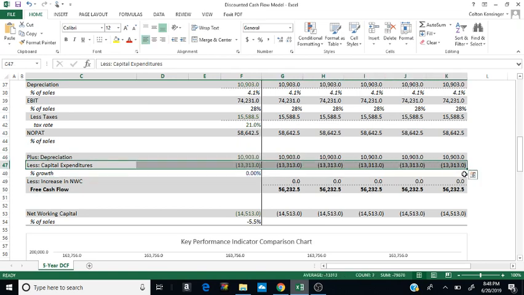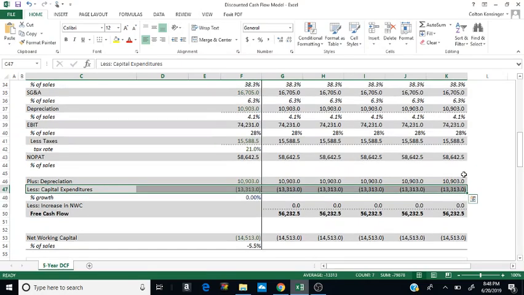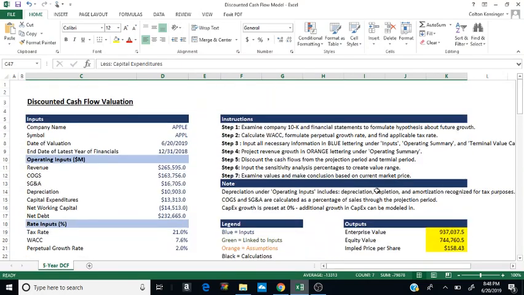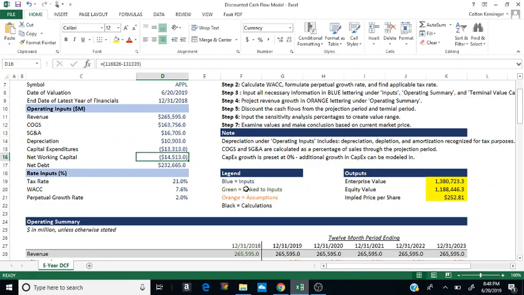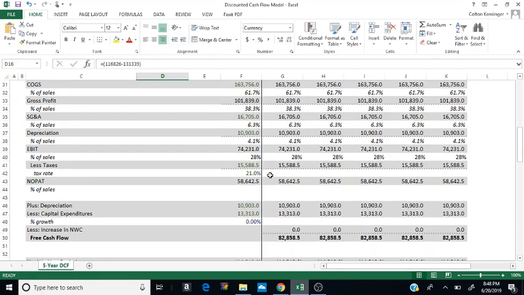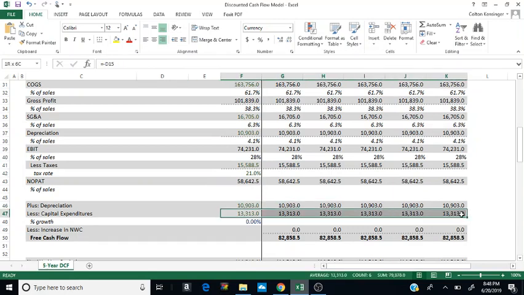When I was pulling the 10-K, capital expenditures was actually a negative number. So if you were to say, okay, it's a negative number, so let's put in a negative number for Capex, then the model counts that as a double negative. It comes down here, makes Capex a positive, and adds that in at the end, which is not what you want to do.